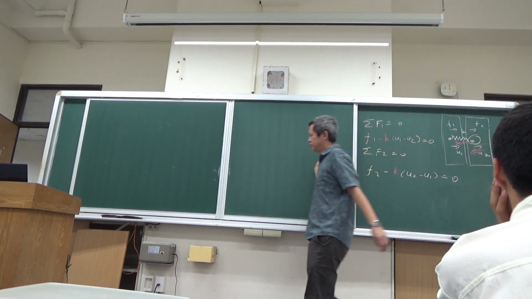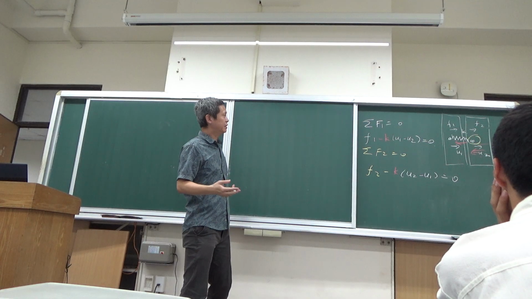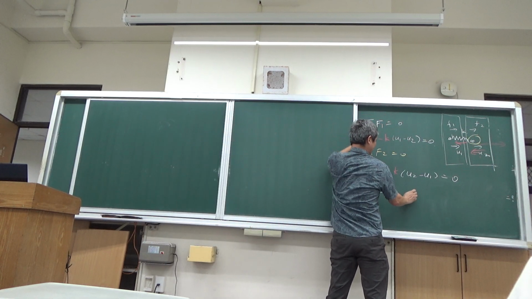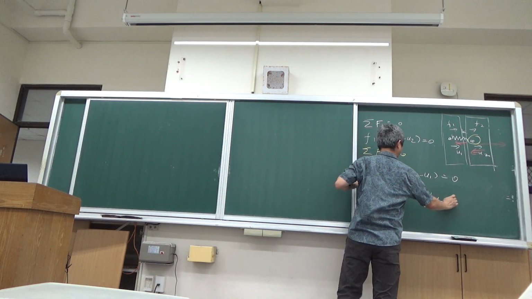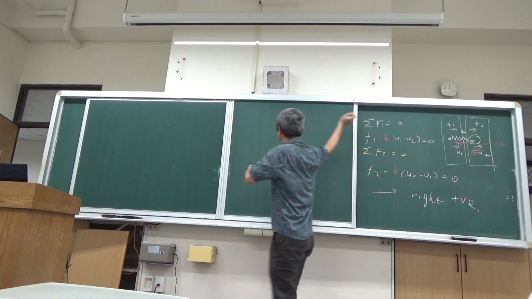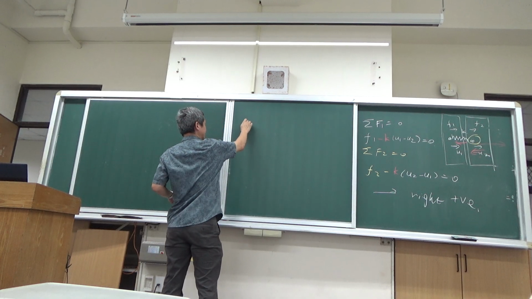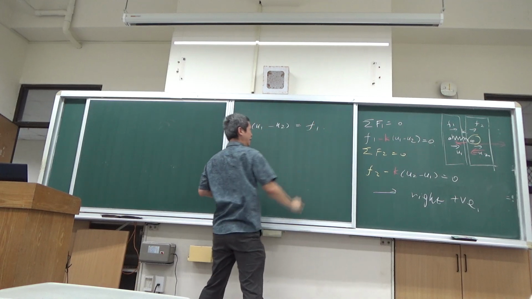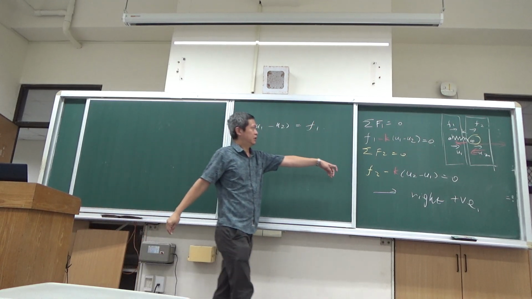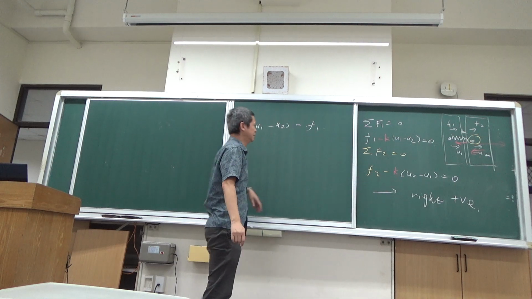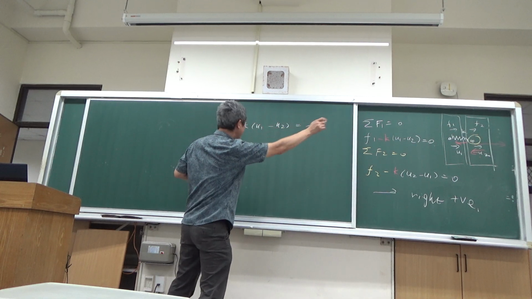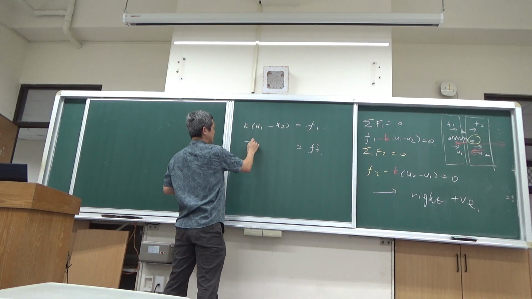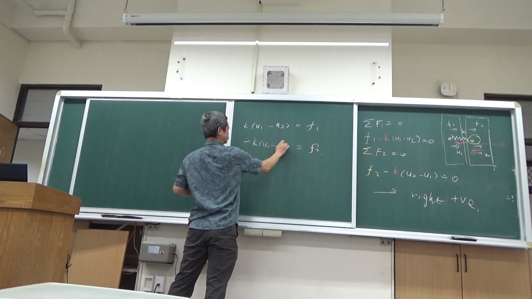We now write them in matrix form. One thing we take note of is that the force is rightward positive. So let me rearrange the equation so that I have K(U1 minus U2) equal to F1. Likewise, for the second equation, the force rightward is F2, and on the left hand side you have minus K(U1 minus U2).